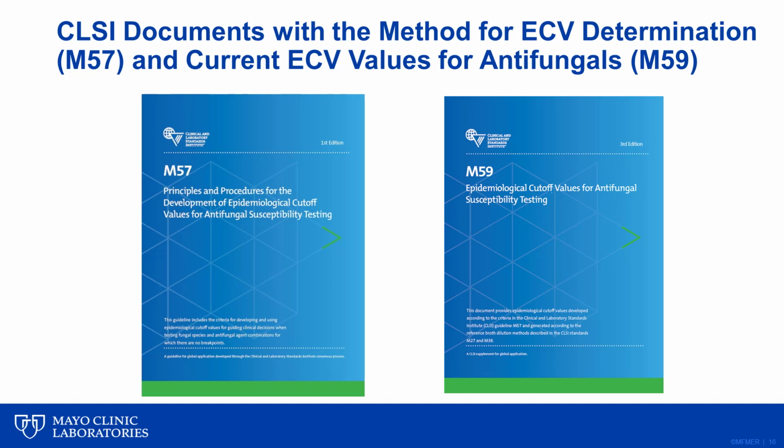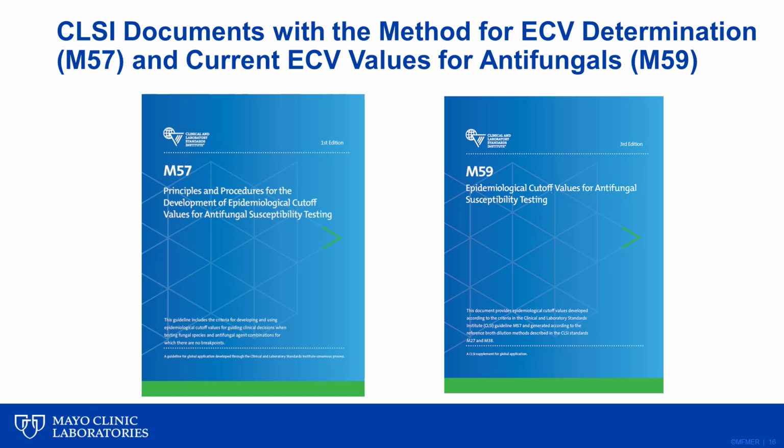So there are two additional CLSI documents which provide very useful information about epidemiological cutoff values for antifungal susceptibility testing. CLSI document M57 provides the rationale and method for establishing ECVs. A companion document, M59, provides tables with the ECVs that have been established for both yeast and molds.